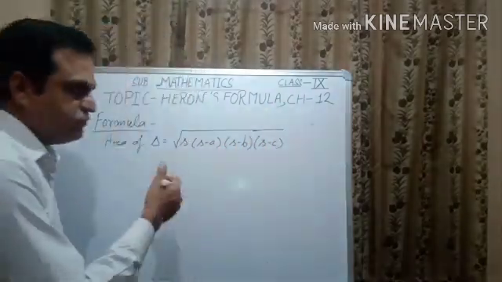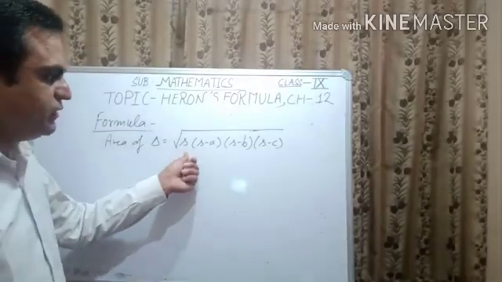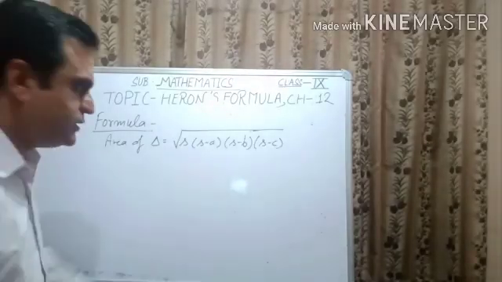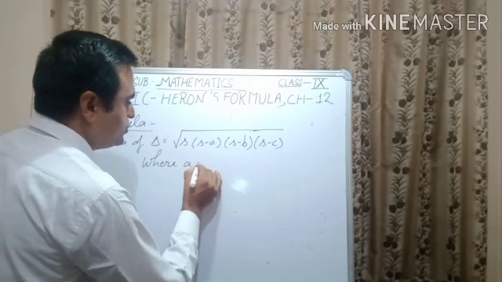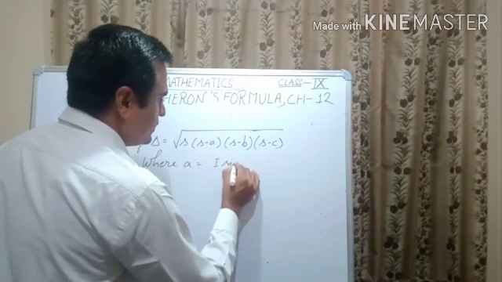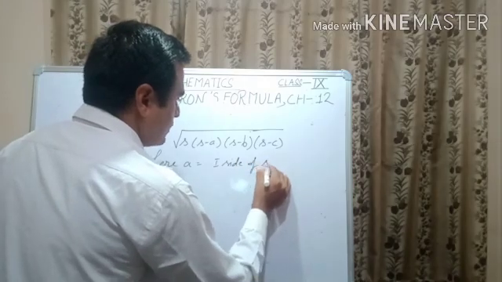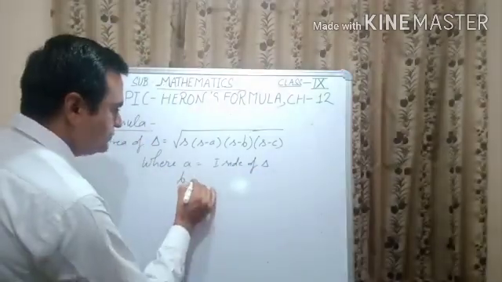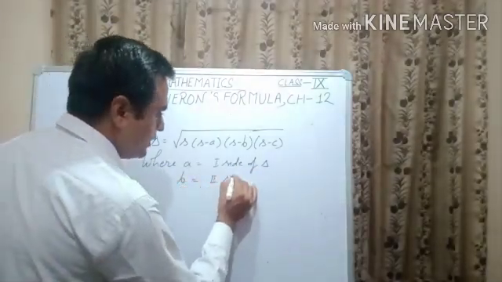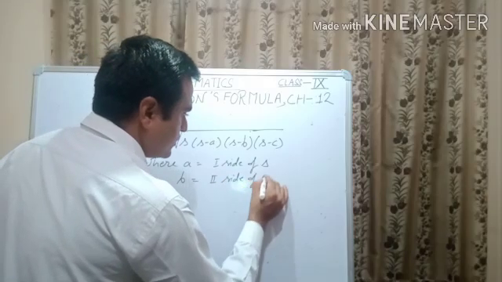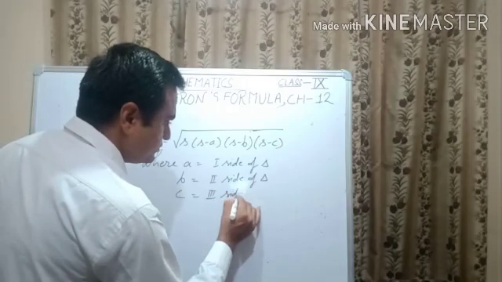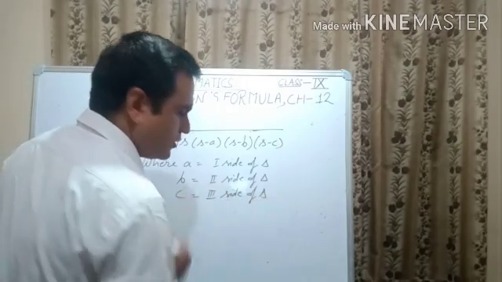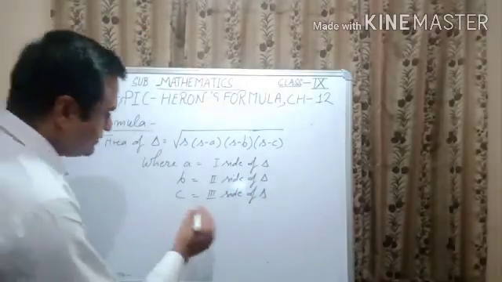I am clarifying what the values of S, A, B, and C are, where A equals the first side of the triangle, B equals the second side of the triangle, and C equals the third side of the triangle.